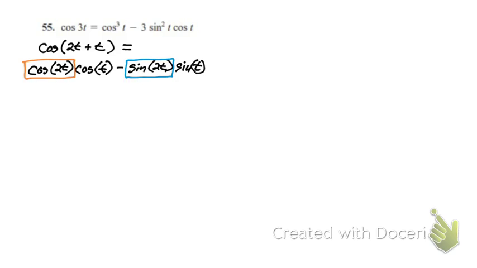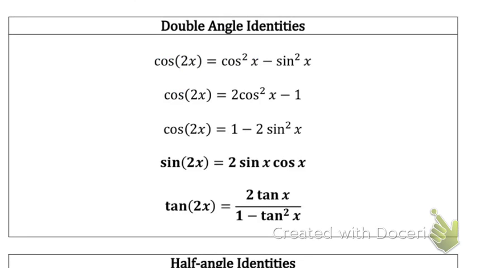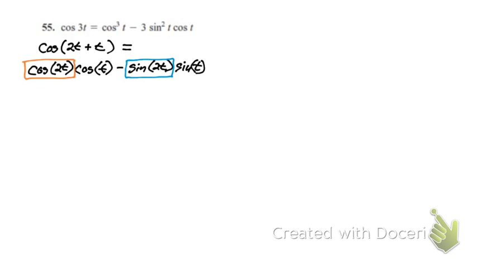Cosine of 2t we can replace with any one of these three. So in these cases, we have to look at the right-hand side. My right-hand side has a cosine cubed t minus 3 sine squared t cosine t.